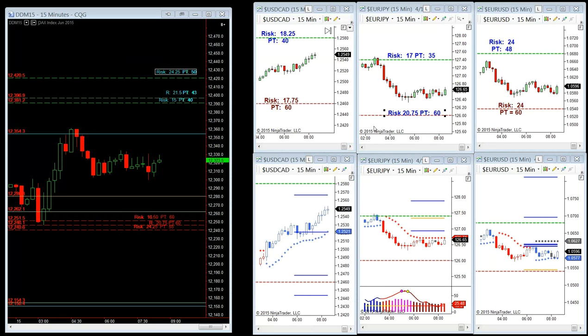On the euro US dollar to the downside, I entered at 76, which is $24 of risk, and I'm looking to get 60. So yeah, pretty much.